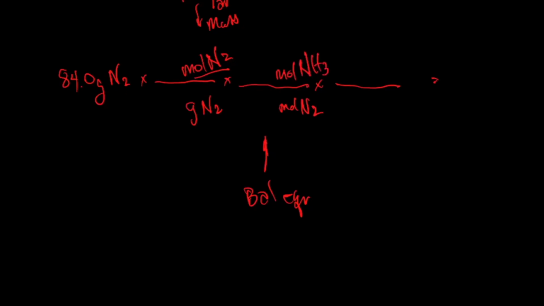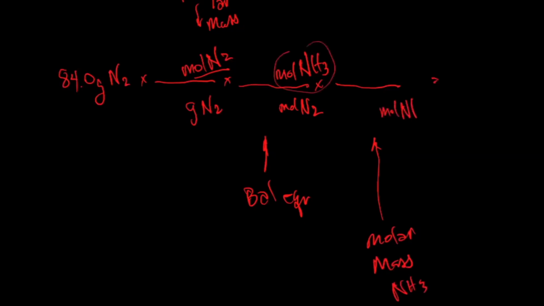And then the last conversion factor is molar mass of NH3. See this right here? Moles of ammonia has got to be in the bottom. They always have to cancel, because if they don't cancel, you're messed up. And then grams of ammonia here.